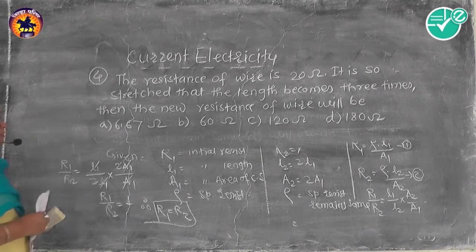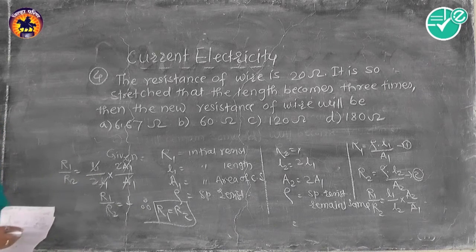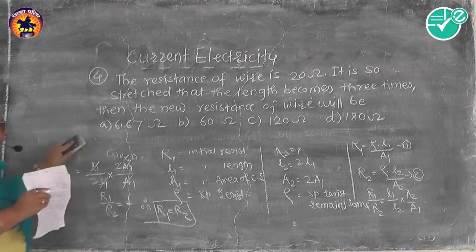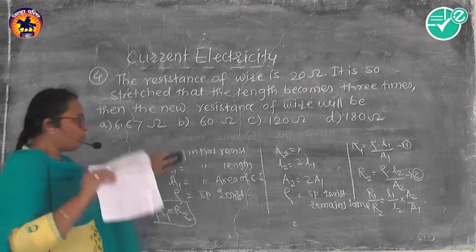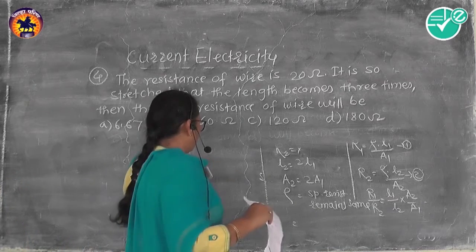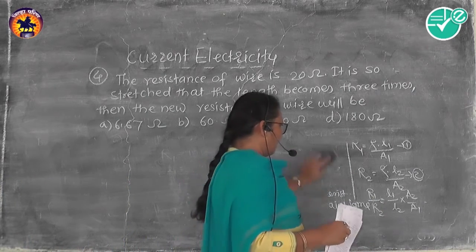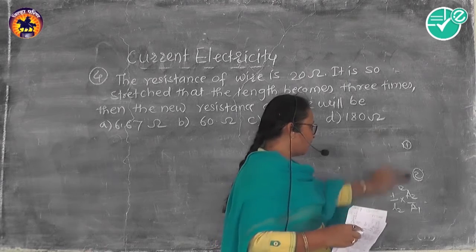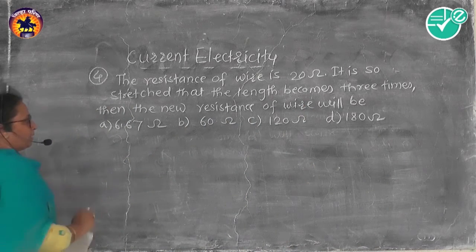There is a difference between the third example and this fourth example. Difference is that in this case we have stretched the same wire. That means at the same instant length get increased but area get decreased. And this condition also we have discussed initially, and we have to use the formula for that.